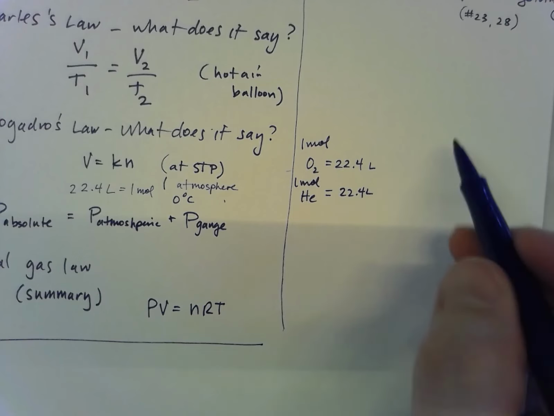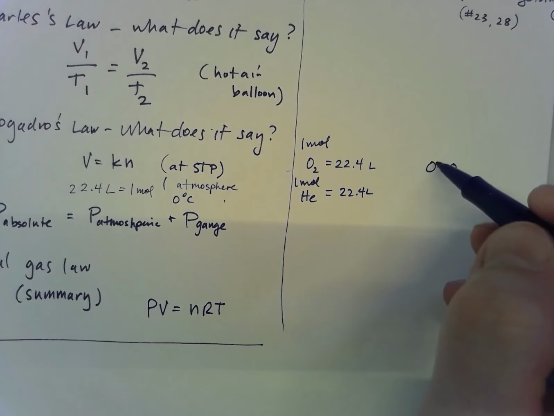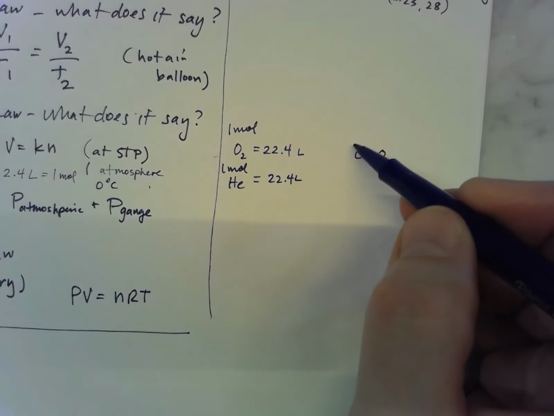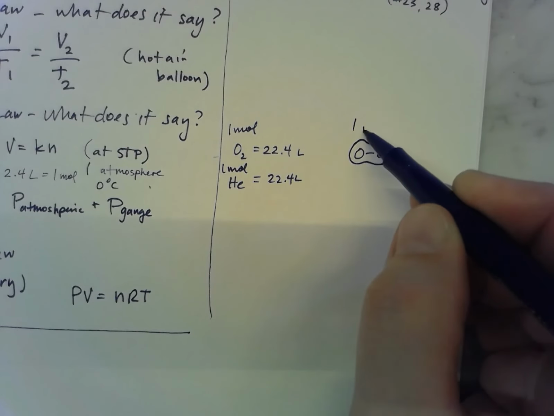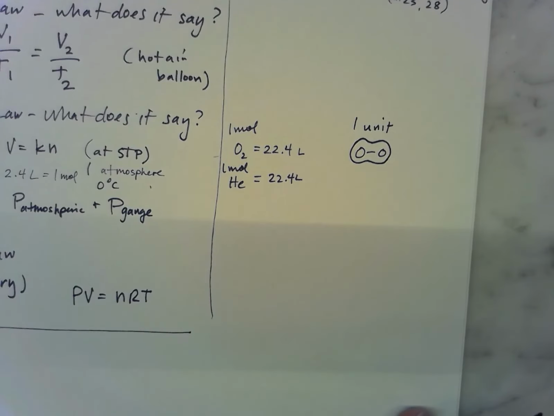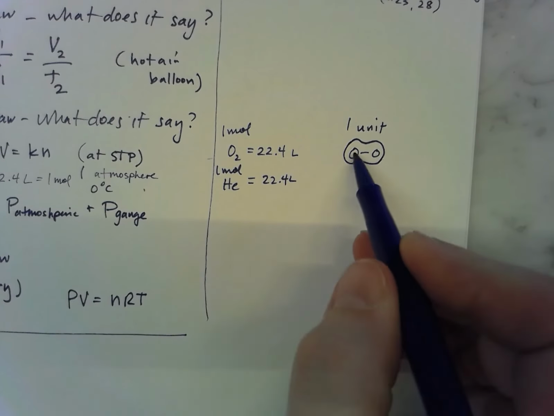An O2 molecule acts in an ideal gas sense. It acts just like 1 unit. So we'll just call this 1 unit. Now he kind of looks like a little alien. Give him some eyes.